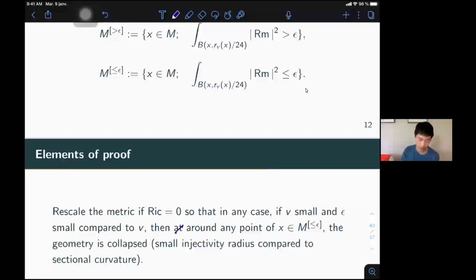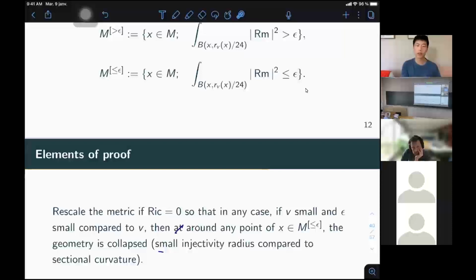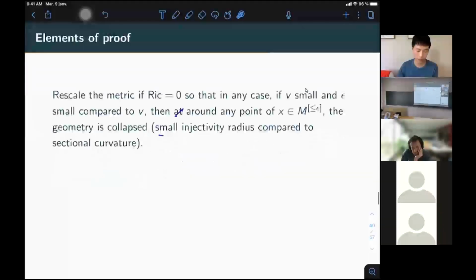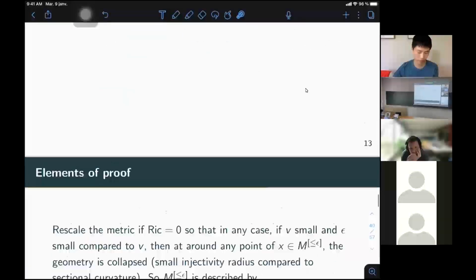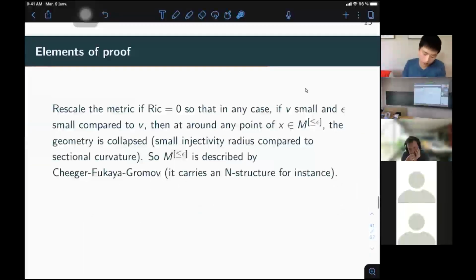So it has a small injectivity radius compared to the sectional curvature. So this thin part that we defined simply using the L2 norm of the curvature is actually thin in the sense of sectional curvature, at least locally when you rescale. In other words, this thin part is described by these results by Cheeger-Fukaya-Gromov in particular. In particular, it carries an N-structure.